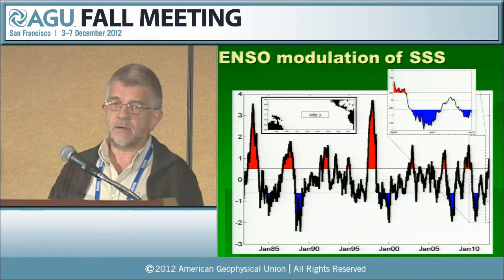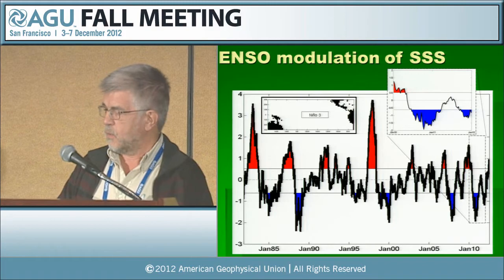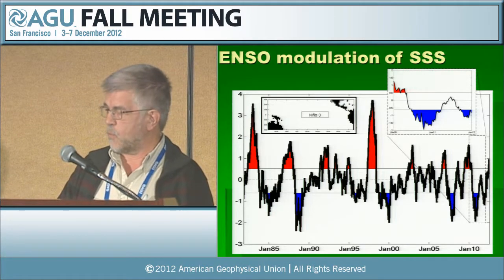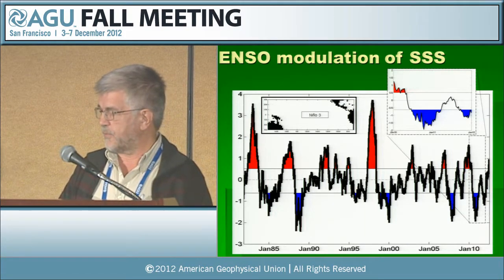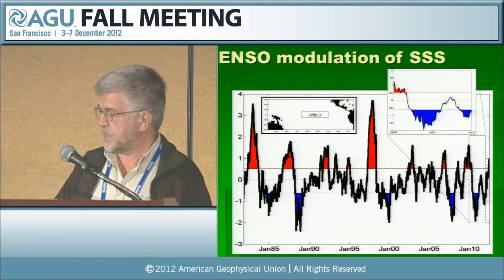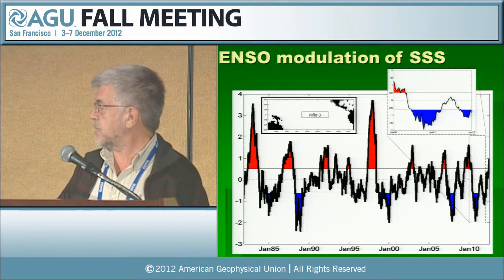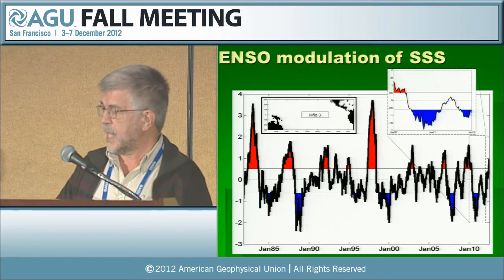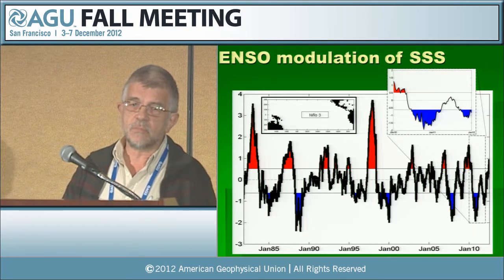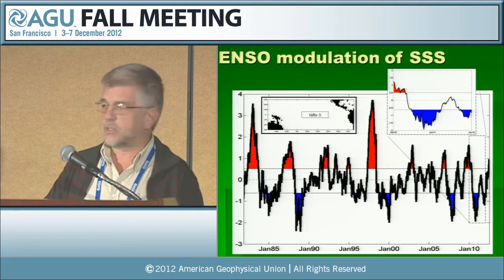So what we have here is the evolution of this El Niño 3 index, where we clearly identify the warm phases and the cold phases for a period from 84, I think, to the beginning of 2012. On the right, we have a zoom for the period where we have contemporaneous SMOS data.